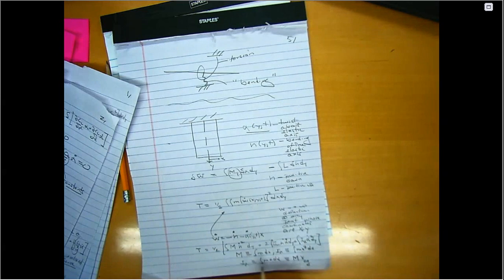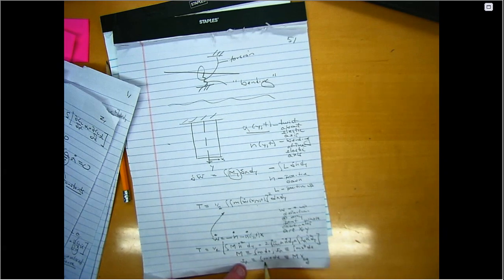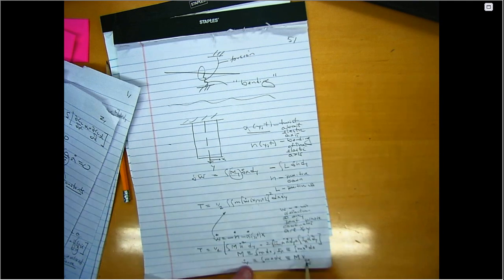This has the units of mass per unit span. This has the units of mass times length squared per unit span, or moment of inertia per unit span. This has units of mass times length per unit span. And if I define this integral to be this times this distance, what is that? Physically, what is that distance?